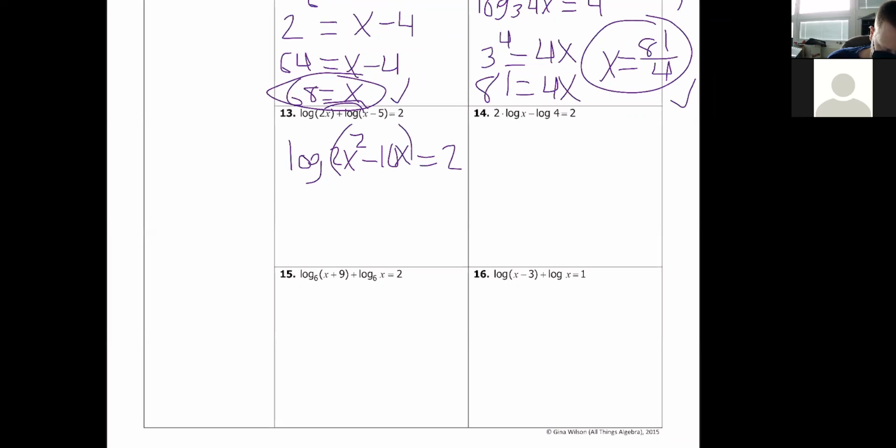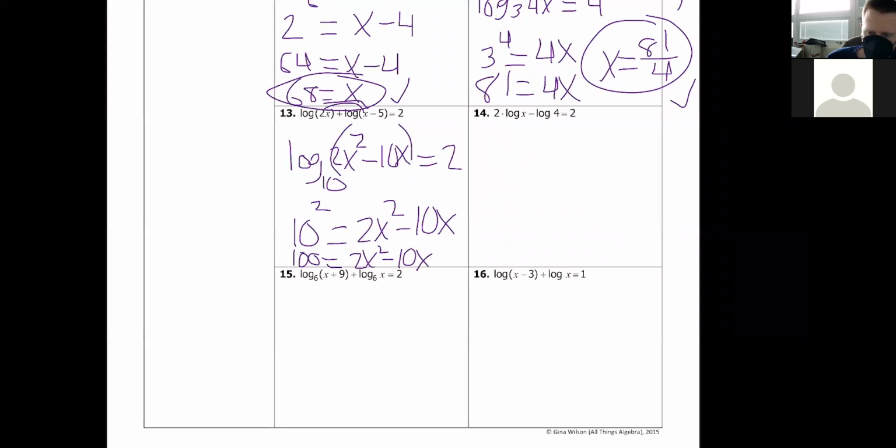So you'd have, remember, log by itself, that's a base of 10. So 10 squared equals 2x squared minus 10x. So that's 100. I did not give myself enough space. I wrote way too big. Since this is a quadratic, remember, you're going to want to get everything on the same side.